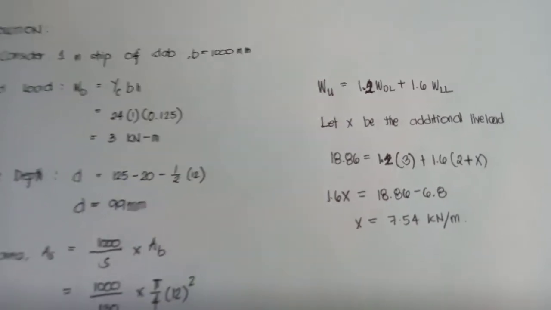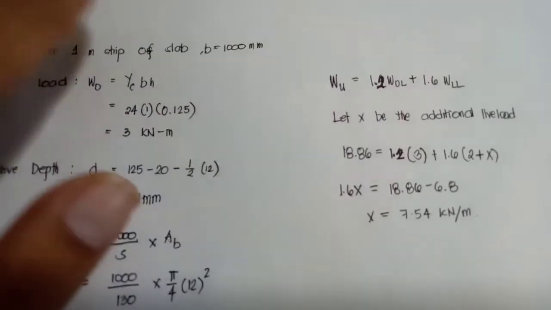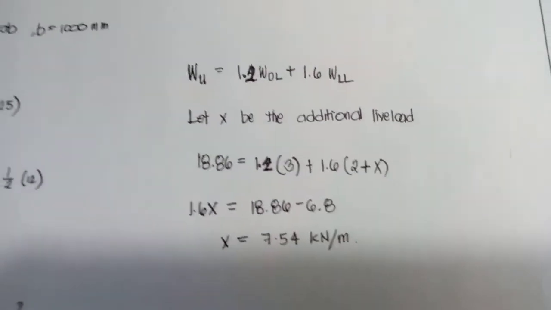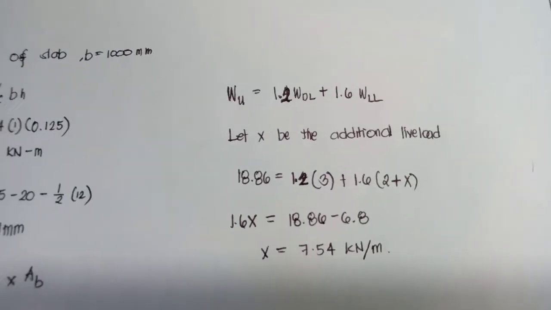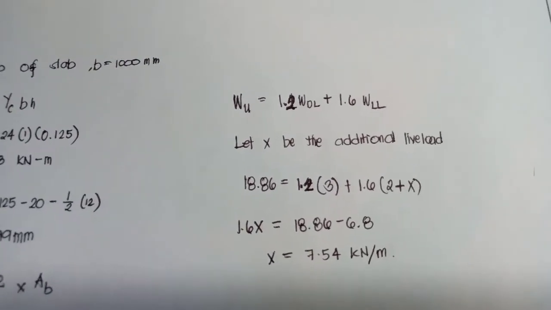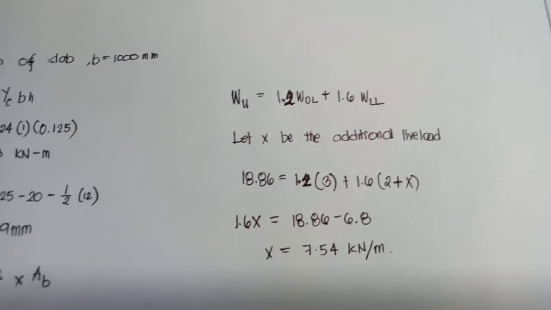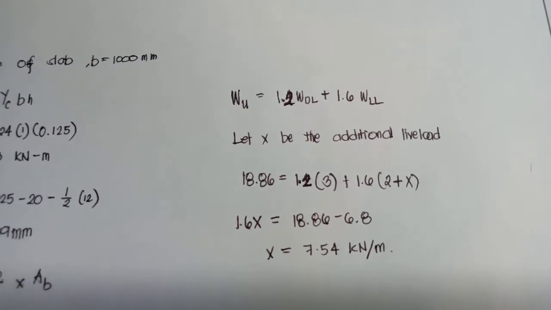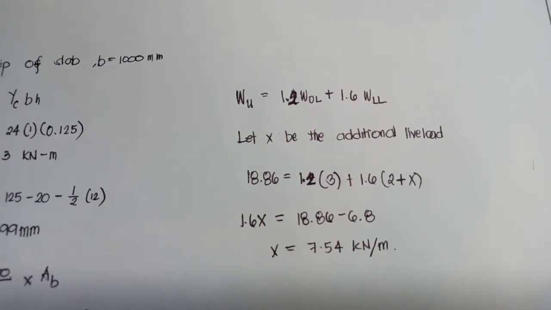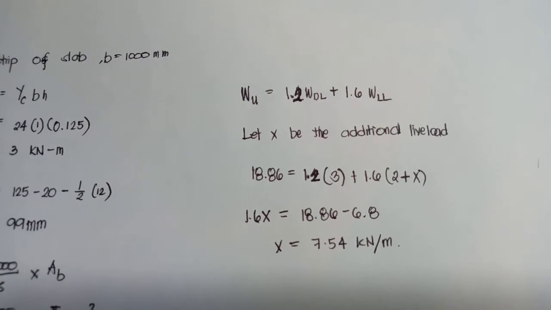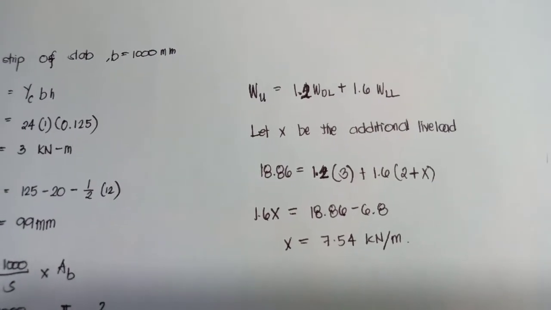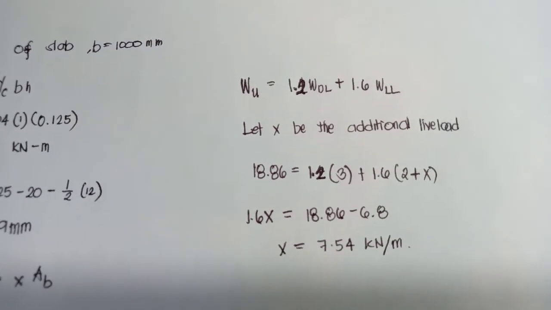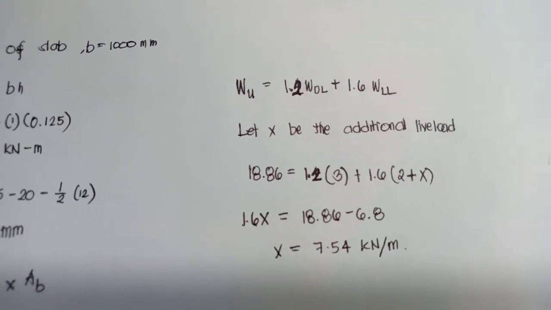Using the latest code of load factors, we have the equation Wu equals 1.2 times the weight of the dead load plus 1.6 times the weight of the live load. Substituting the values and rearranging the equation, we obtain the value of the additional live load as x equals 7.54 kilonewtons per meter. So that would be all.